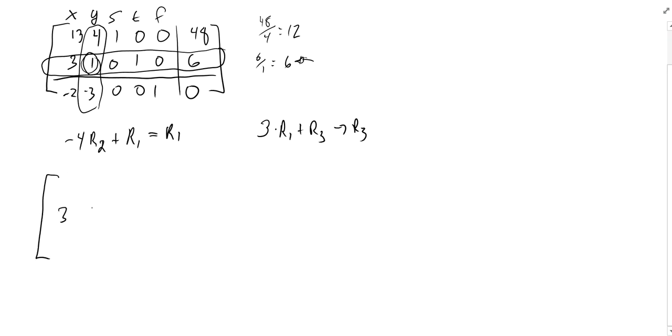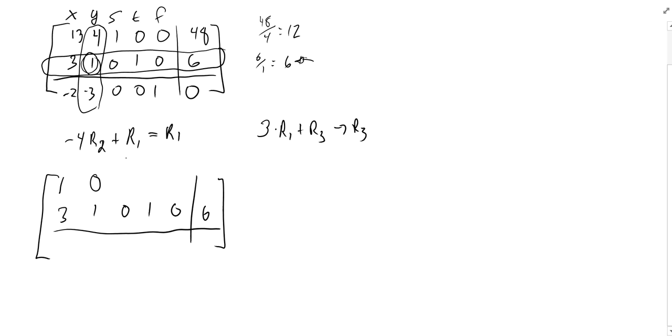I'm going to leave the second row the same. And then I'm going to multiply everything in that row by negative 4, and add it to the first row. So 3 times negative 4 would be negative 12, and I add it to the 13, it gives me 1. Negative 4 times 1 is negative 4, plus 4 gives me 0.